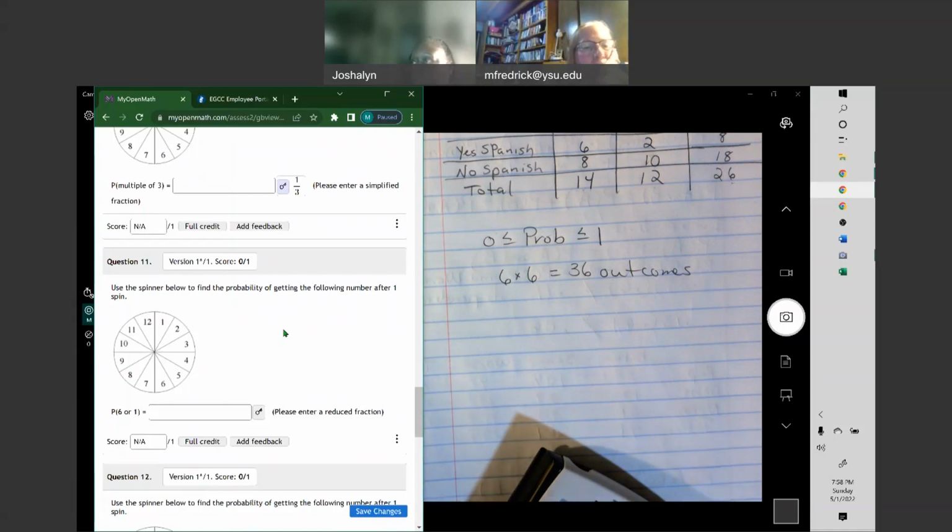Here's another one. 6 or 1. So that'll be 2 over the 12. 5 is in the middle.